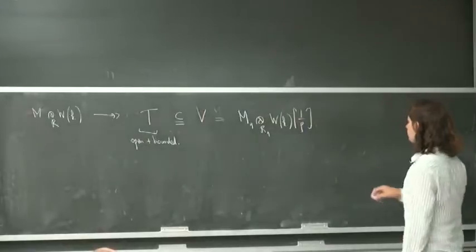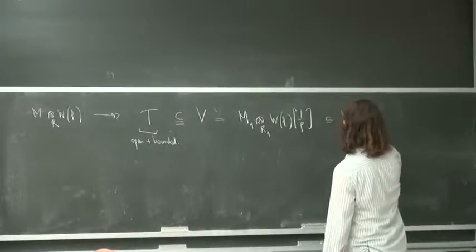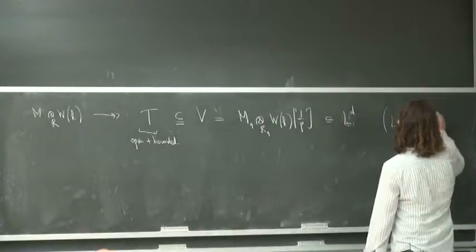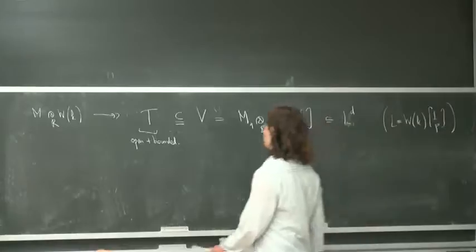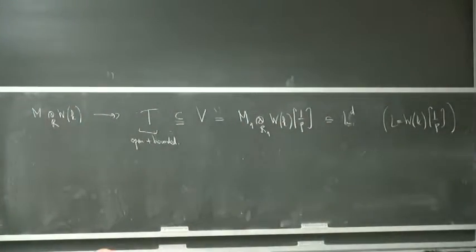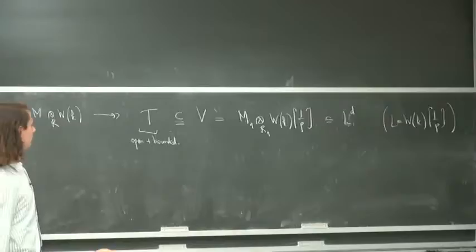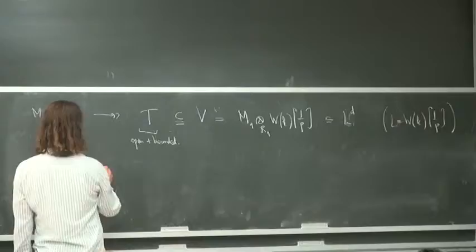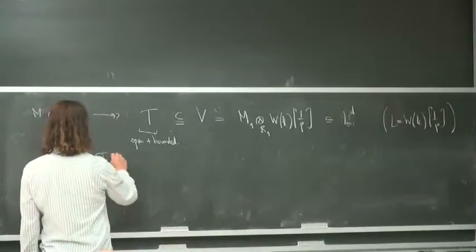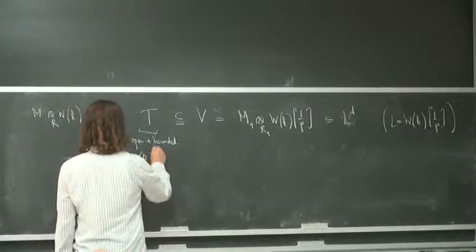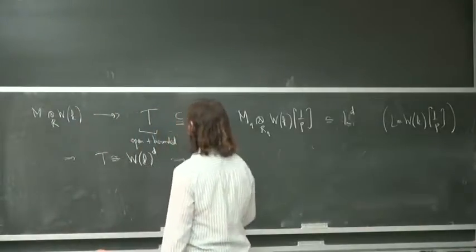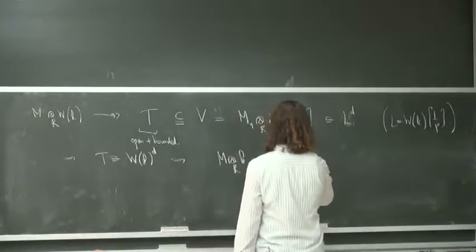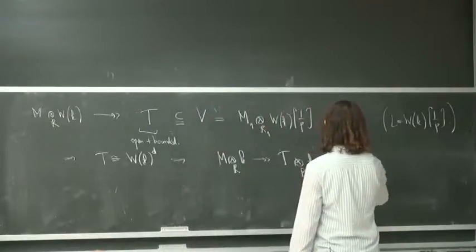And so this is a finite field of rank d. We call it L, it's W(k)[1/p]. And now L is discretely valued, and so we have an open bounded subring here. So T really is isomorphic to W(K) to the d. And so this implies that M tensor K surjects onto T tensor K because tensoring is right exact. But this is just K to the d, and so it gets a complete.